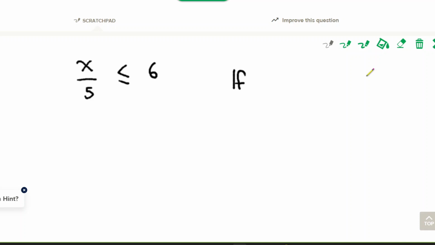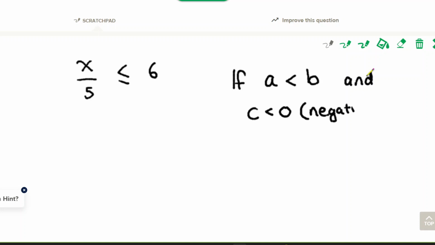Say I have an inequality, A is less than B, or greater than, or less than or equal to, or greater than or equal to. But I'm just going to write up this inequality here. If A is less than B and C is some negative number, so say C is less than 0, C is negative.